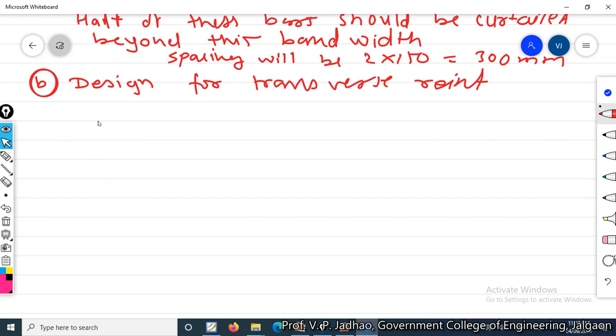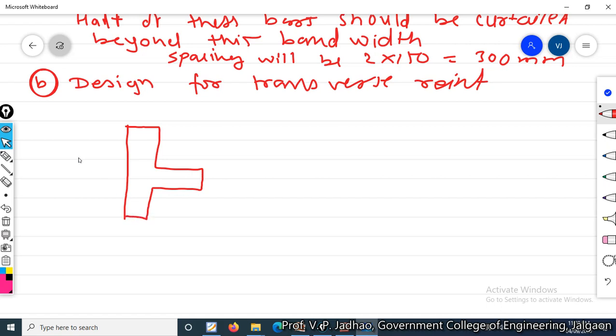As I have already explained, when we design along the transverse direction, we consider that this is our footing and this is the column.